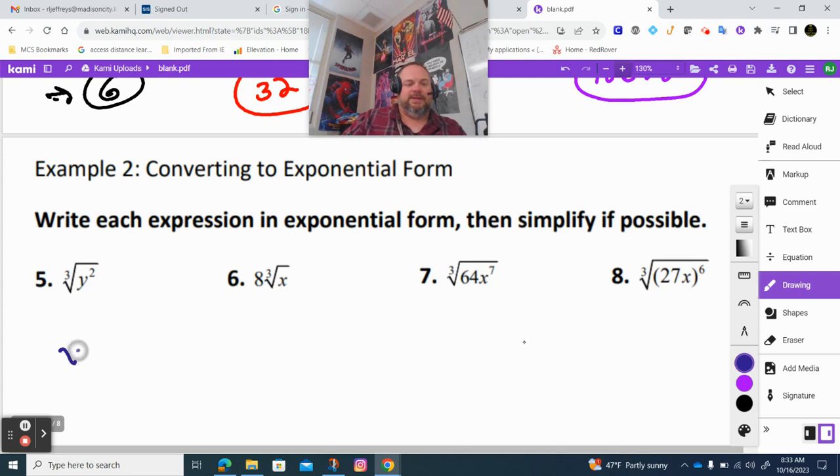Y. Yes, finally got an answer. Okay. What is the root? What's in the gutter? 3. All right, what's the power? And that's it. So it's what we just did in reverse.